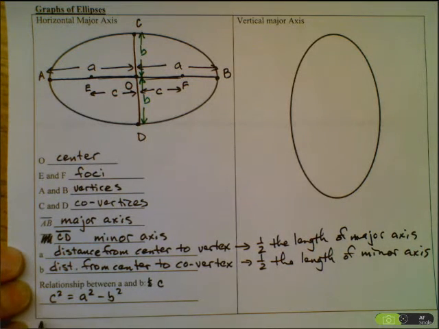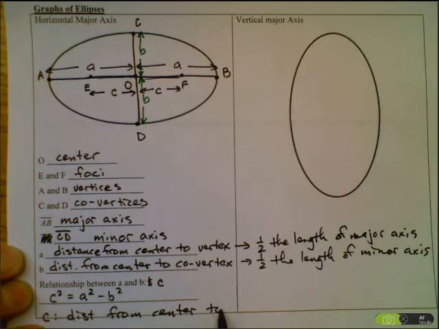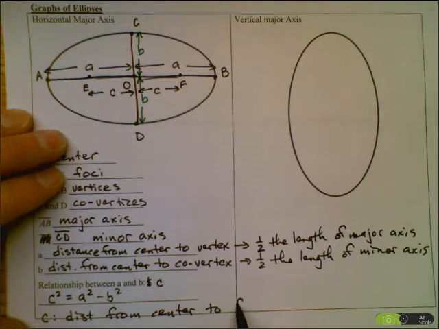And then let's put down what C is. C is the distance from center to focus.